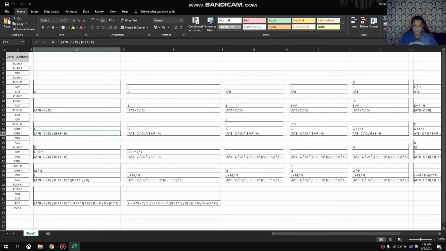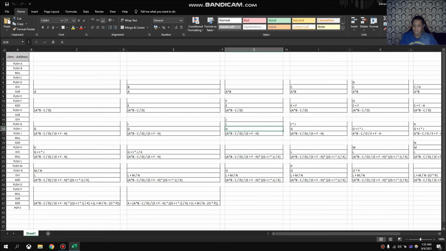The entity that we did, A multiply with B minus C divide with D, we then divide with E plus F minus H. Then we put the bracket over here so that there will not be any interruption, so we can organize them. And then we continue with pushing G, I, and J.